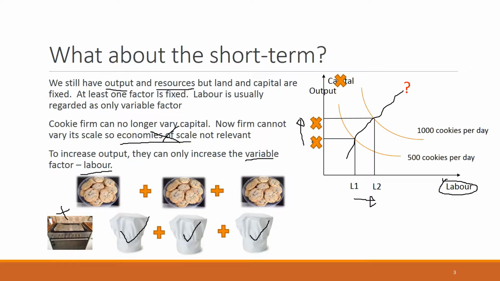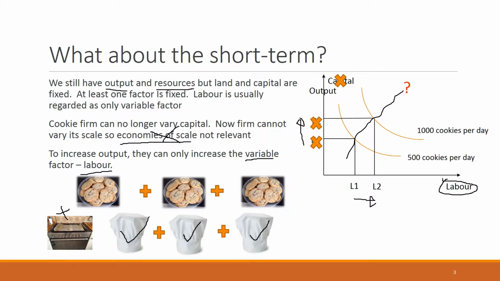We're going to look at how, as we vary the number of chefs, the total output of cookies will change. If, for example, with the first chef we produce 20 cookies altogether, and having a second chef allows us to produce 50, the second chef has added 30 units of cookies to our production. That does not mean that he or she is more productive in themselves than the first chef.